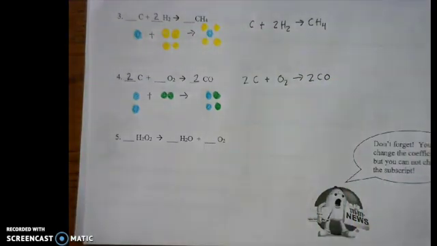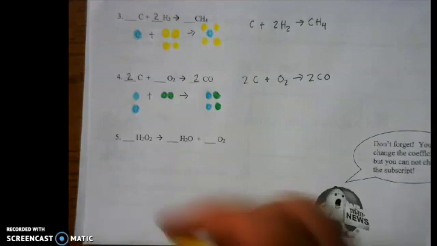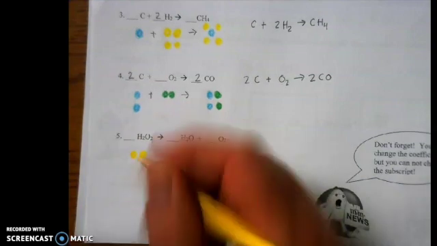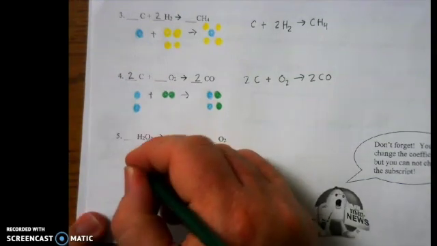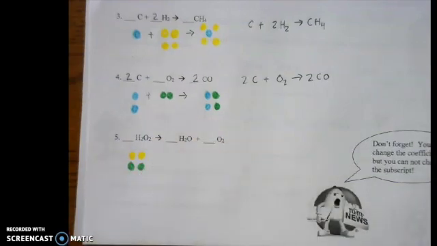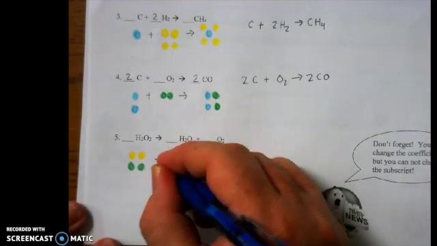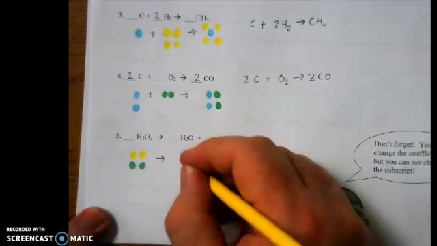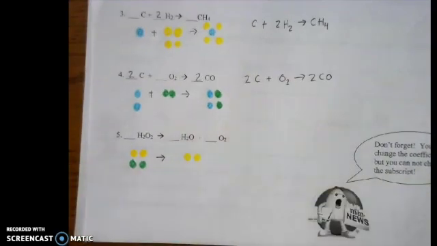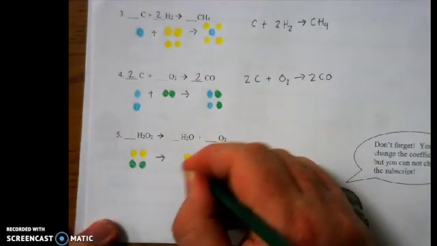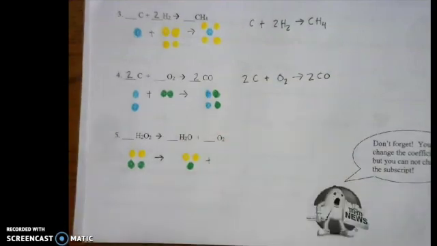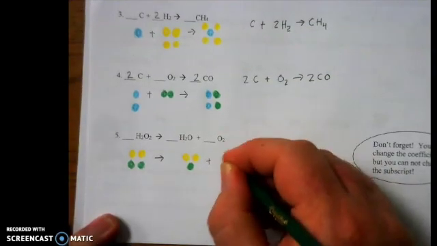And the last one, H2O2, so 2 hydrogens, 2 oxygens will yield water, so 2 H's, 1 O, plus an O2 molecule.